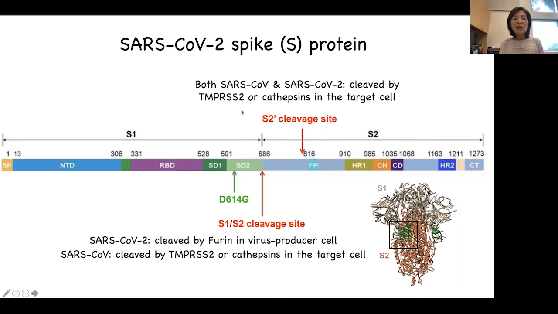In the case of SARS-2, because it's cleaved, we should call these the S1 subunit and S2 subunit instead of domains. The RBD is located at the C-terminal half of the S1 subunit, and residue 614 is in this green area at the C-terminus of S1, in association with the S2.